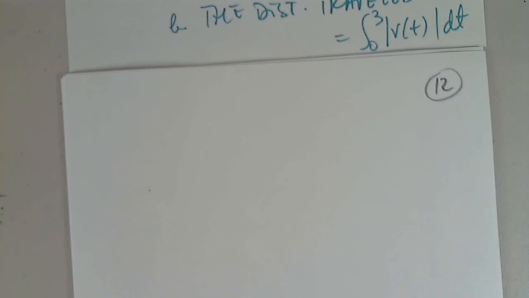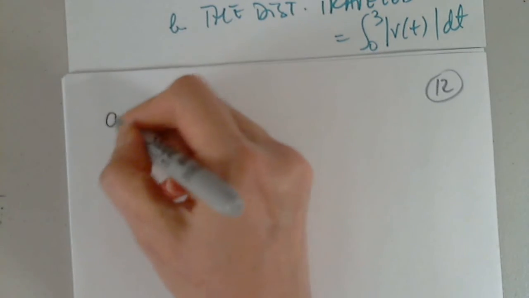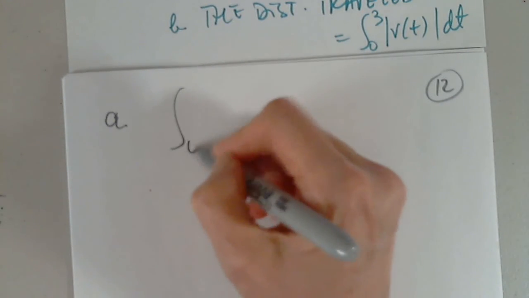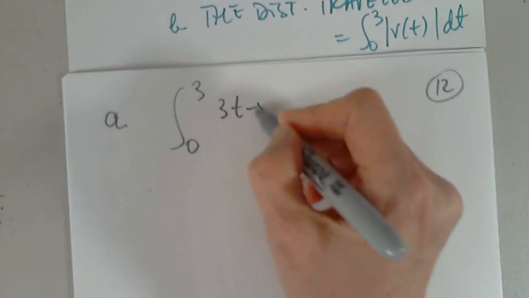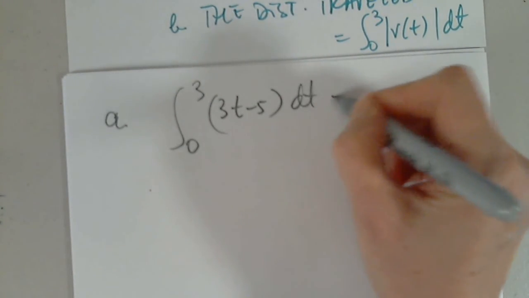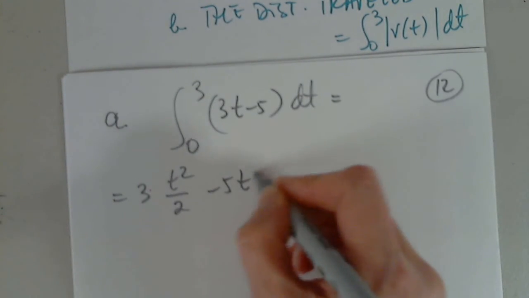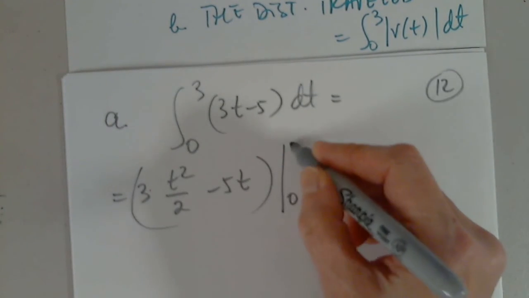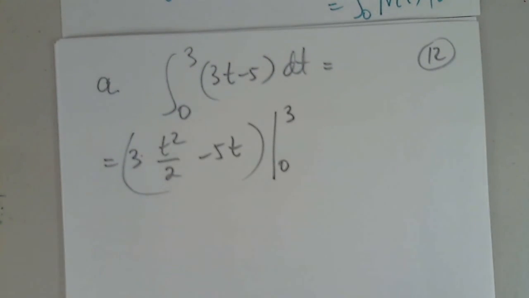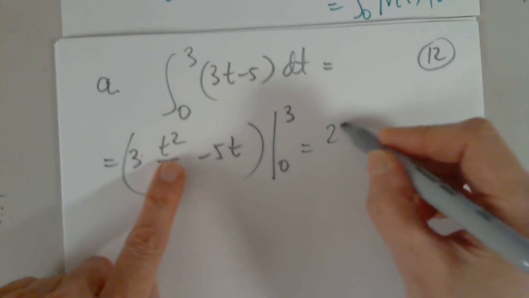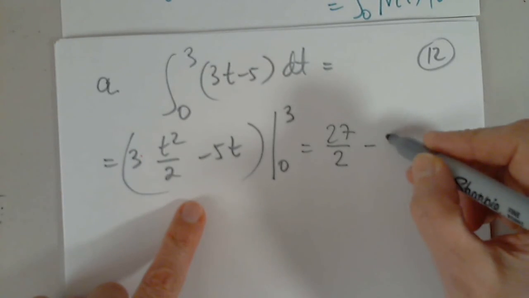Okay. So let's find the displacement. The integral from 0 to 3 of 3t minus 5 dt, which is 3t squared over 2 minus 5t, everything between 0 and 3. Luckily, I don't have to plug in 0. When I plug in 3, it is 3 times 9, 27 over 2, minus 15.